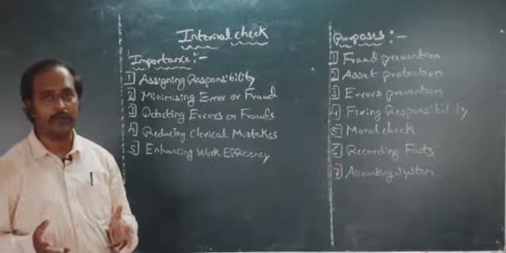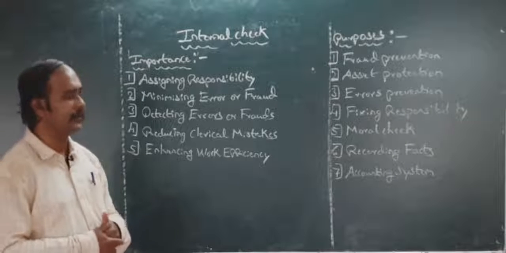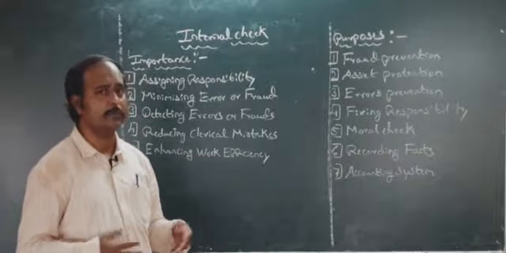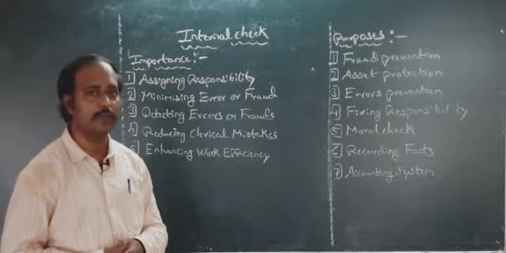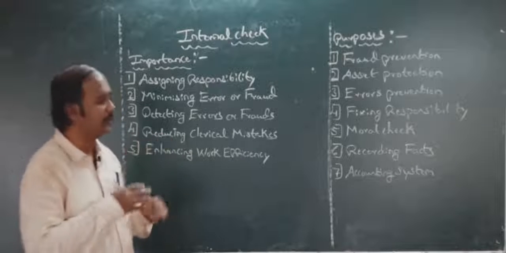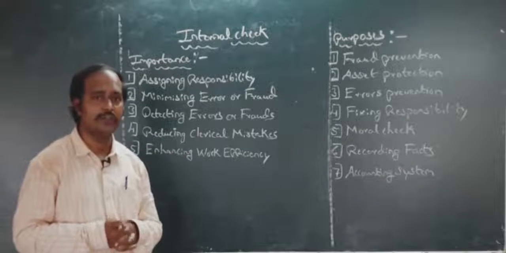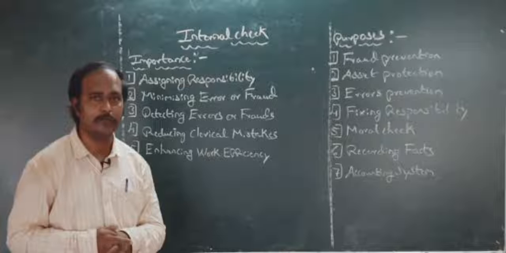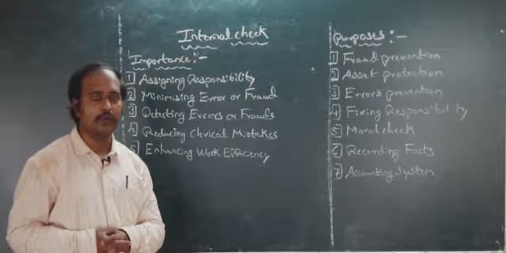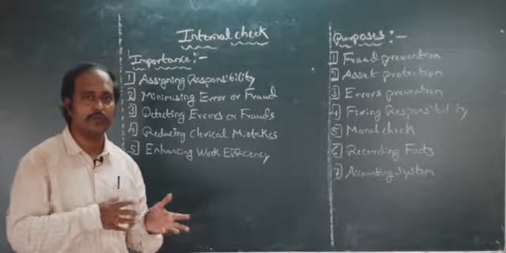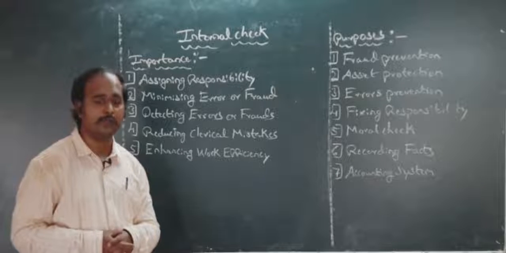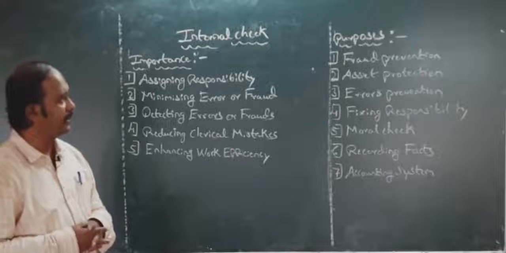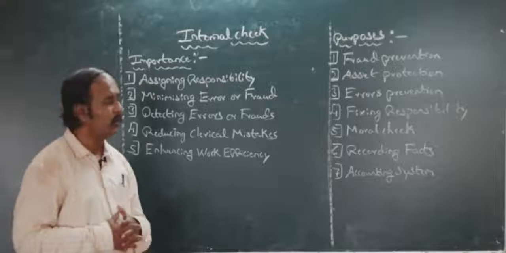Because many organizations, many employees are working, works are being divided, but misappropriation of cash and misappropriation of goods also take place. But if you have a good internal check system in your organization, and you are maintaining inflow and outflow properly, inward and outward of goods or stocks, definitely the fraud can be prevented here, and that is possible only with the help of internal check.